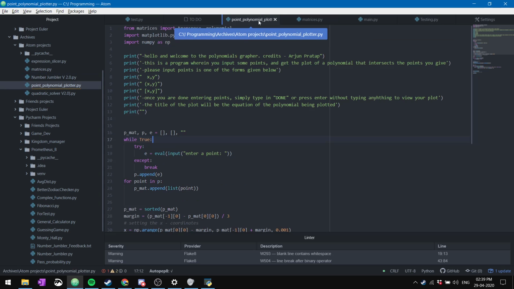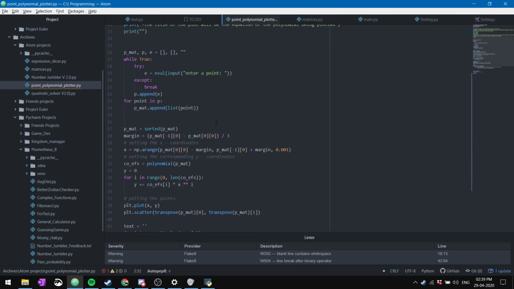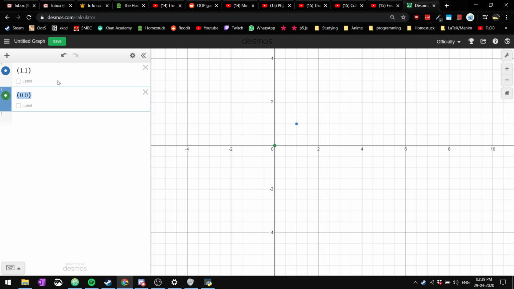And then what that does, in this program, is that it converts all the points into a system of linear equations where all the variables are the coefficients. So if we have a system of equations in 3 variables, that's a parabola. That'll be ax squared plus bx plus c, set equal to y.